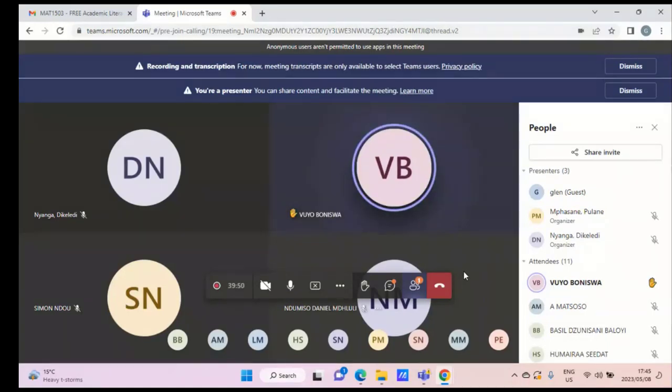The last row is 3x minus 4y plus 5z equals b.